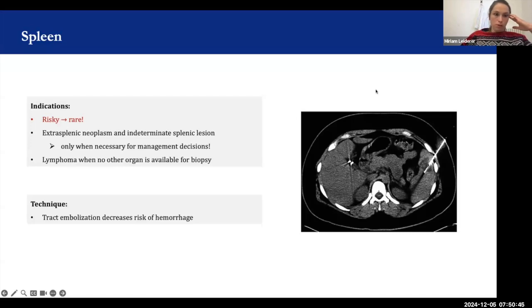And then also lymphoma would be an indication when no other organ is available for biopsy because it's only the spleen, or because everything else is even riskier. But other than that, there's not really an indication to biopsy the spleen. For technique, tract embolization could decrease your risk of hemorrhage.